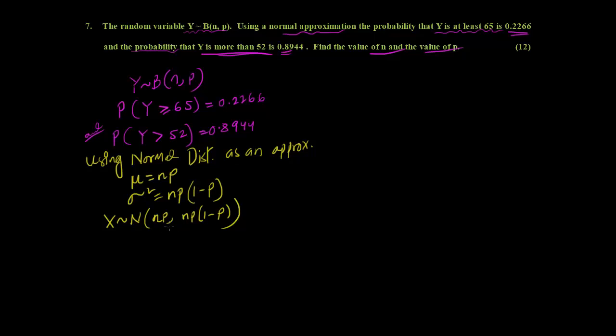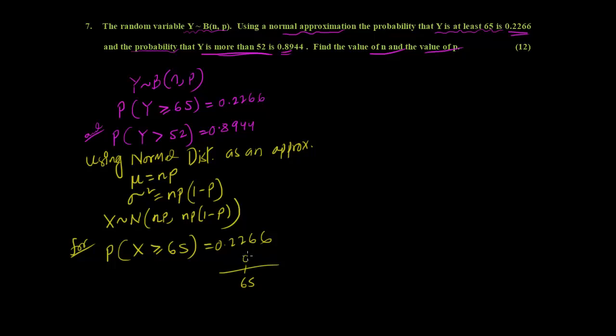Now the first thing we do, for finding the probability from discrete to continuous, is a continuity correction. So let's do it for the probability of x. The first thing in continuity correction is to make it equal to something. So it is already equal to something, greater than or equal to 65, and the probability will always be the same. Now for the continuity correction, we have to check on a number line.